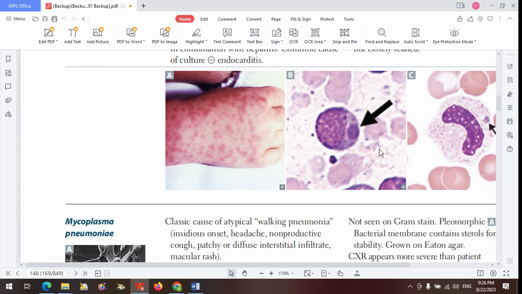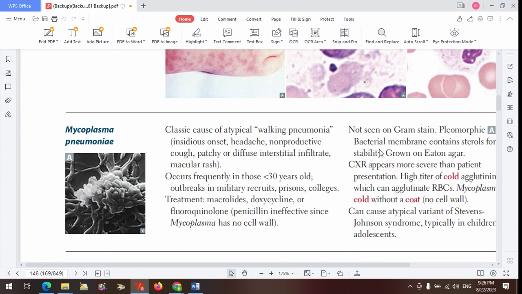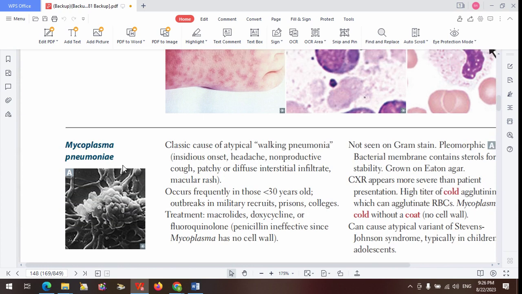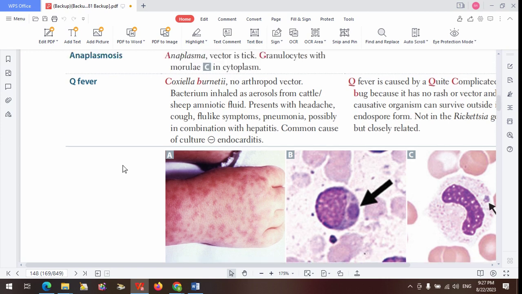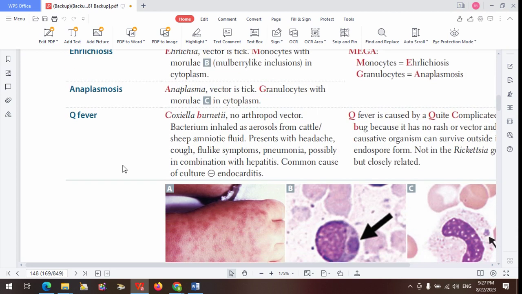So moving on to Mycoplasma pneumoniae, another atypical organism. So this is where we are going to talk about atypical pneumonia. Dr., there was this discussion I had with you, was it yesterday or 2 days ago, about where we need to know the important geographical locations.